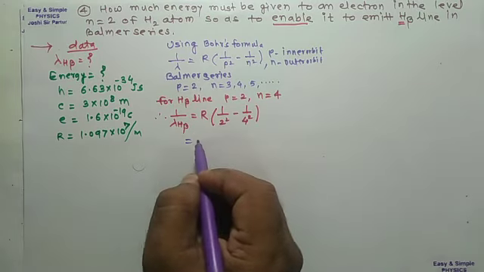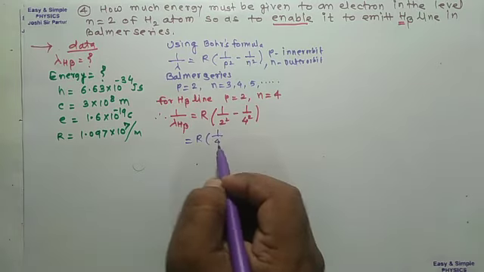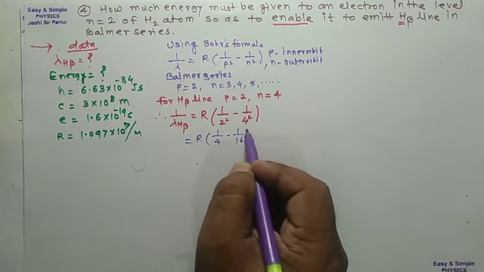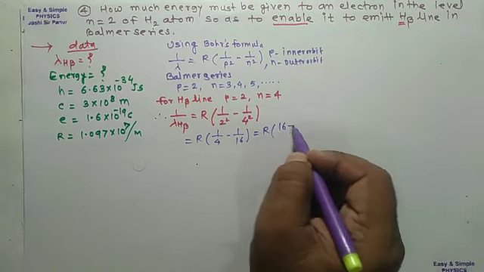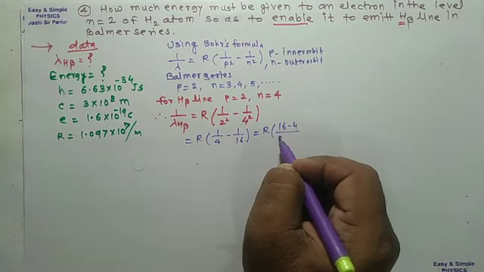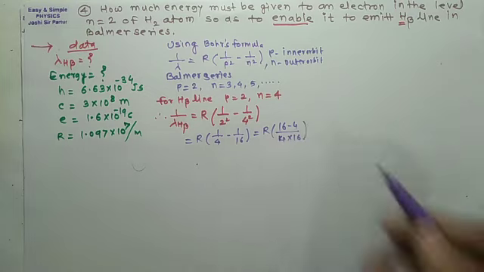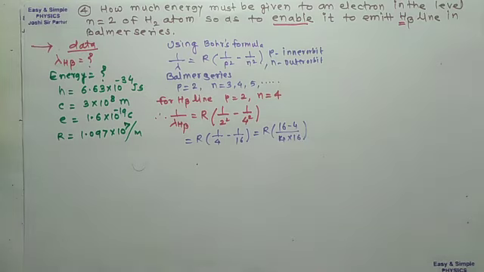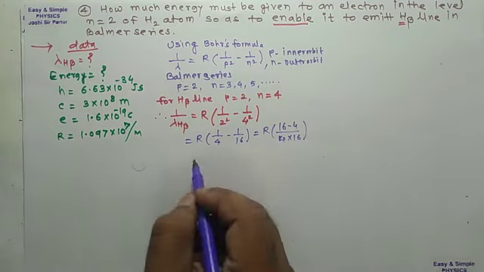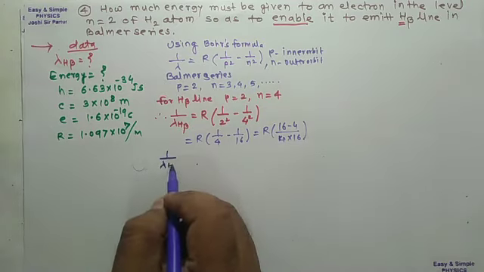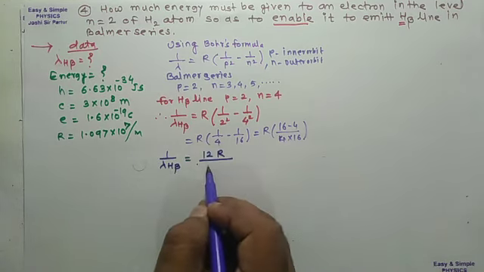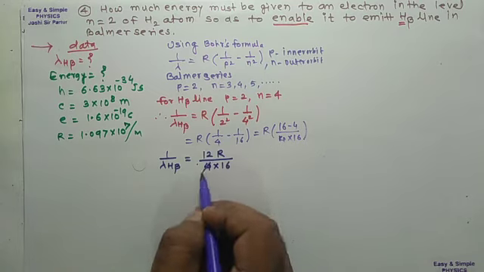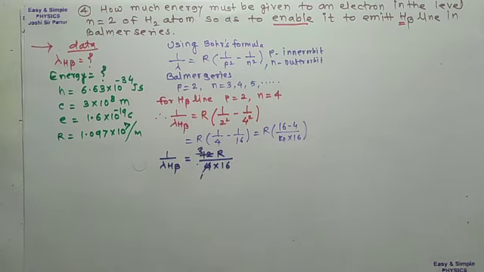Here R in bracket 1 upon 4 minus 1 upon 16, which is R in bracket 16 minus 4 upon 4 multiplied by 16. If we subtract, 1 upon lambda H beta is equal to 12R upon 4 multiplied by 16. 4 1s are 4, 4 3s are 12.